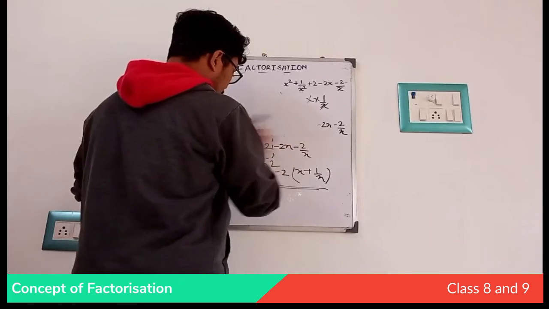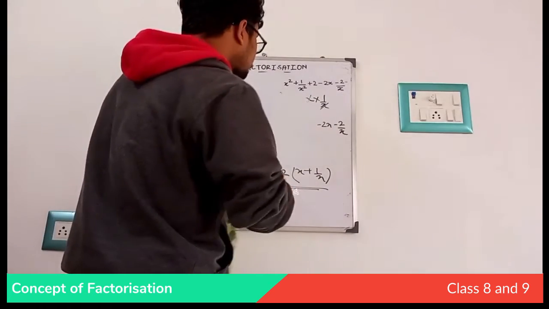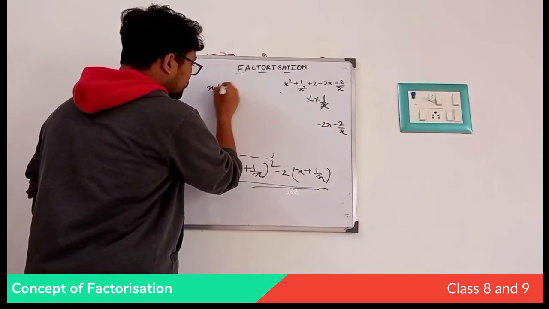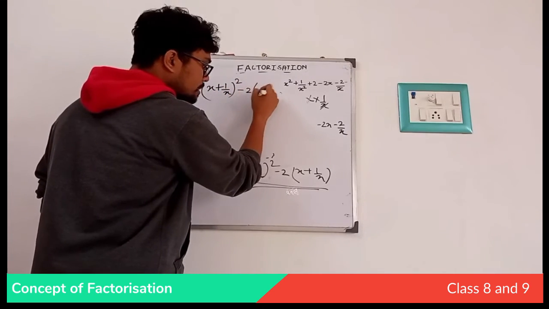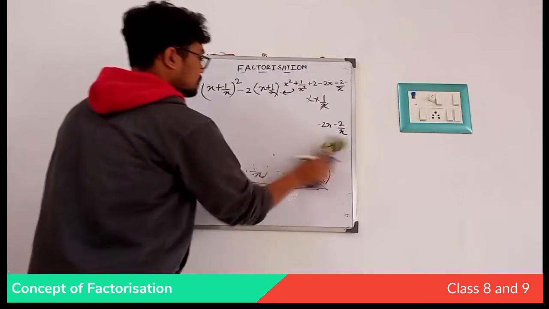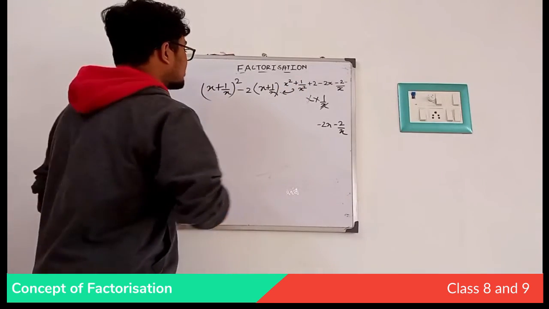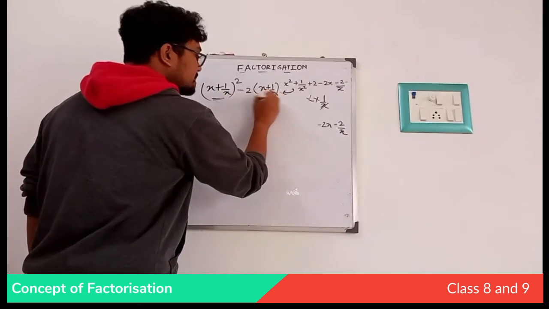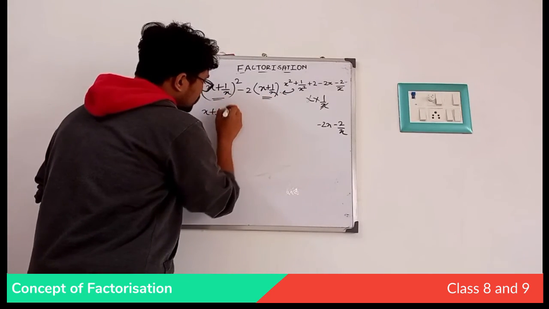Now I come to our problem. So what I have is (x plus 1 by x) whole square minus 2 into (x plus 1 by x). So what is the common portion? This x plus 1 by x is present in both cases, so x plus 1 by x is the common portion.